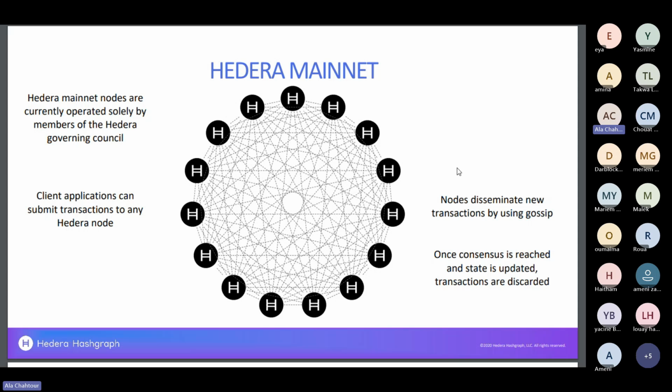The second one is the testnet network, or buildnet network, they have two names, and the final one is the previewnet network. The mainnet network is the production network. It means that all the tokens circulating in that network are real. We are talking about real money in the mainnet network.